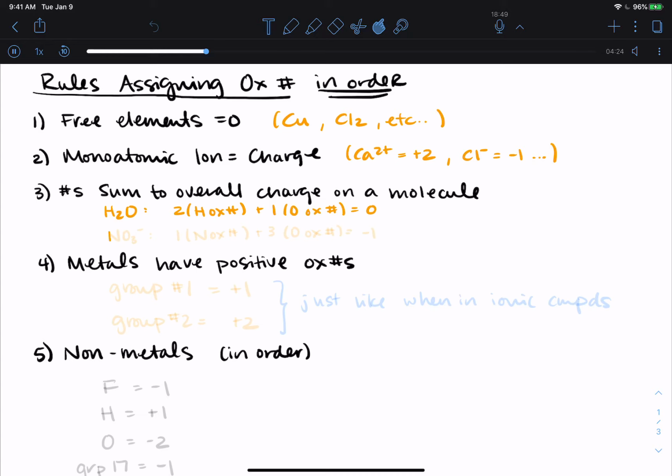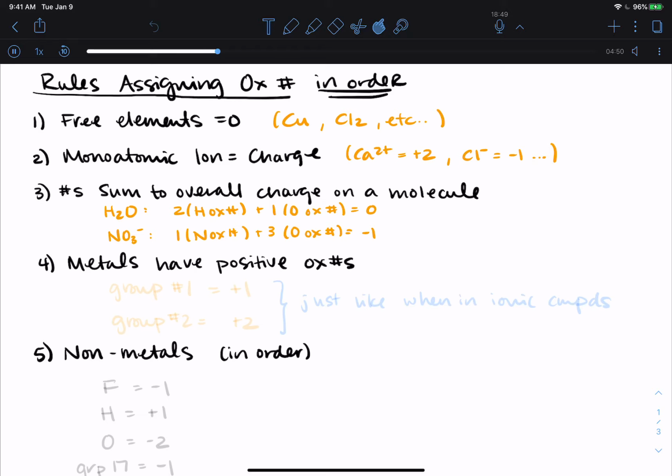If you had an anion, like nitrate, 1 times the nitrogen oxidation number plus 3 times the oxygen oxidation number equals -1. So the whole molecule has a -1 charge, so everything has to add up to -1.